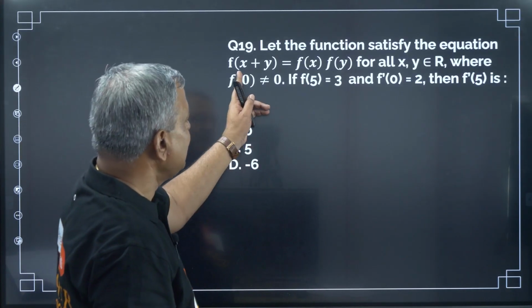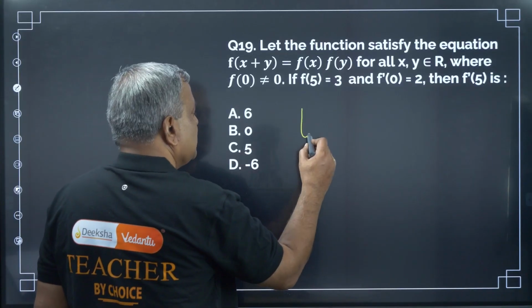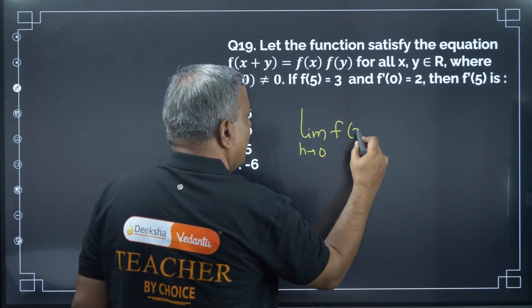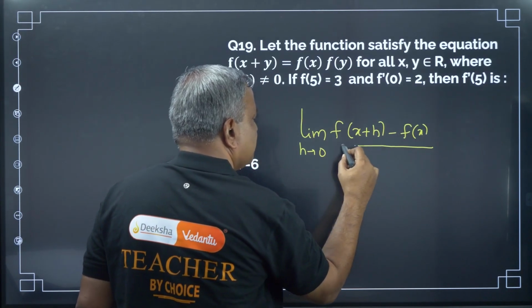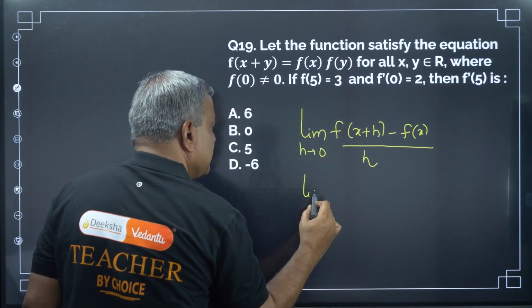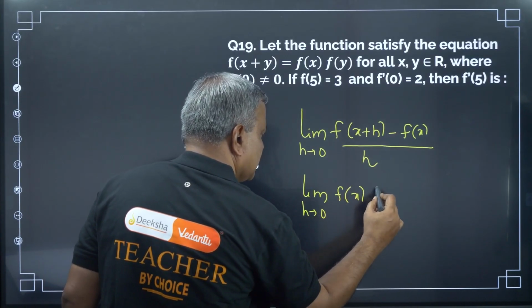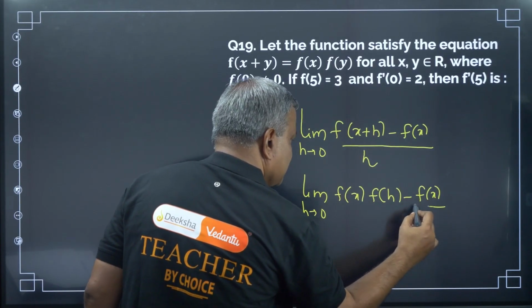Whenever f(x plus y) is given, it clearly indicates that it is the derivative definition: limit h tending to 0, f(x plus h) minus f(x) by h. So apply what is given to us: limit h tending to 0, f(x) f(h) minus f(x) by h.